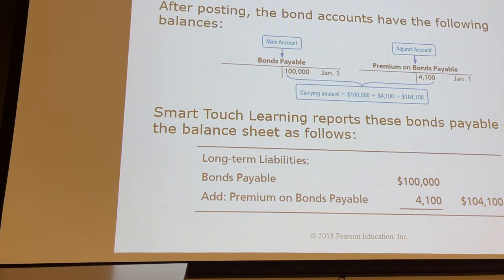So then if we look at the balance sheet, it's going to say bonds payable $100,000, add premium on bonds payable $4,100, and therefore the carrying value of the bonds will be $104,100.